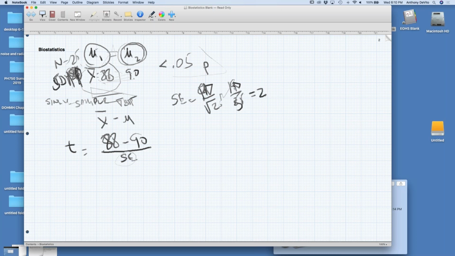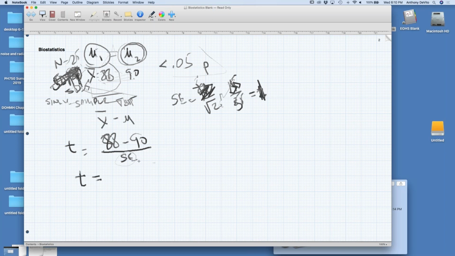Okay, I'm going to go back and do this again. Hang on. Our standard deviation is equal to 5. So that's going to be 5 divided by the square root of 25. 5 over 5 is going to be equal to 1. Okay, so now my standard error is equal to 1. So what is my t-value?